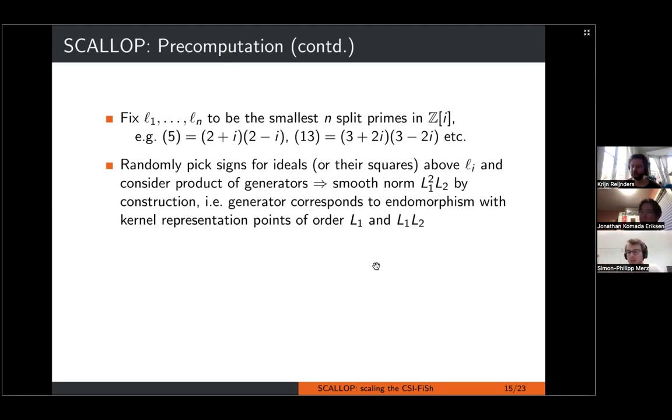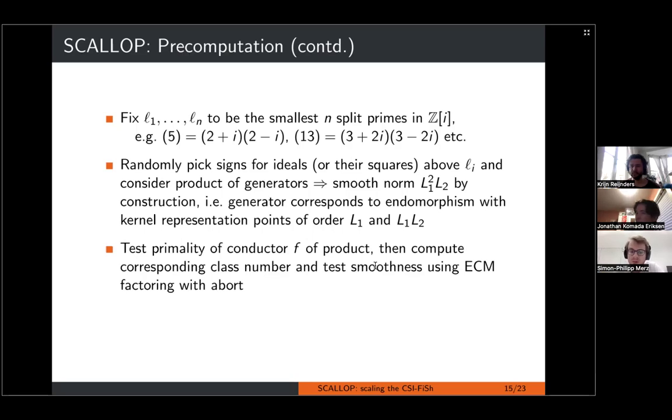And then you get some Gaussian integer as an output of this, where you just look at the coefficient of the imaginary part, and you can test whether it's smooth. You compute the class number as previously outlined for free, and you test the smoothness using just ECM factoring with a bound.